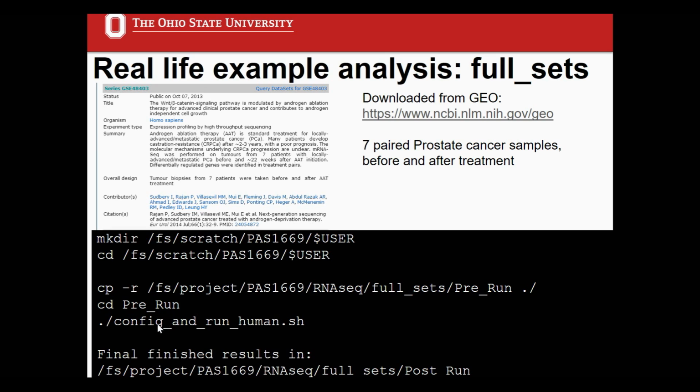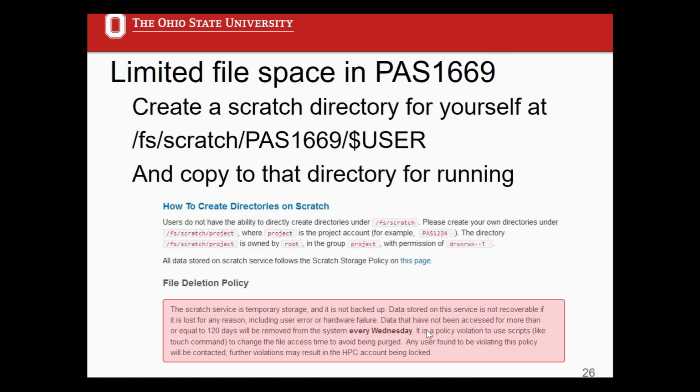Then it will run the whole pipeline. I also list the result in this post-run folder under our project classroom directory. If you want to check the result, you can check it there. Next, I will go through what the pipeline looks like.